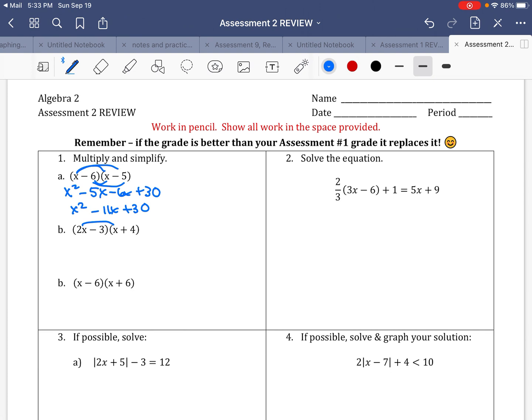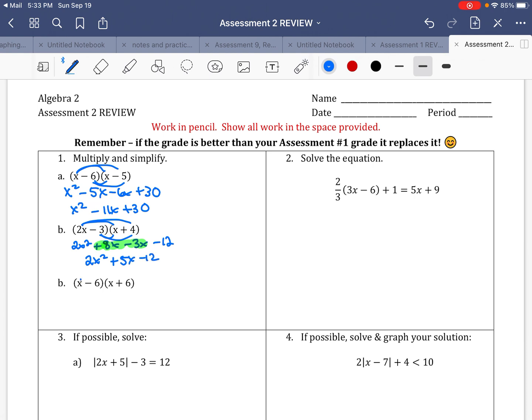Here we get 2x times x, so 2x squared, 2x times 4, positive 8x, inside, negative 3x, and then multiply again, negative 12. So when you clean these up, usually it's the middle two pieces that go together, and you get 2x squared plus 5x minus 12.